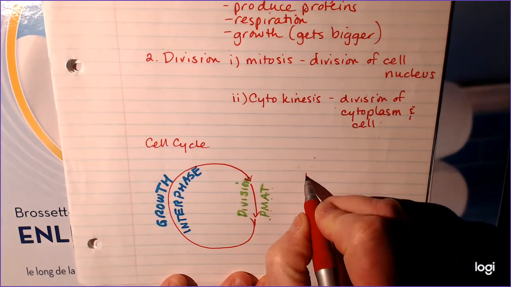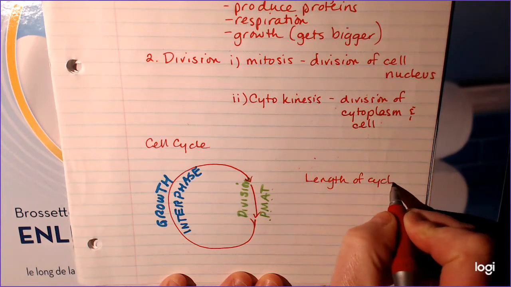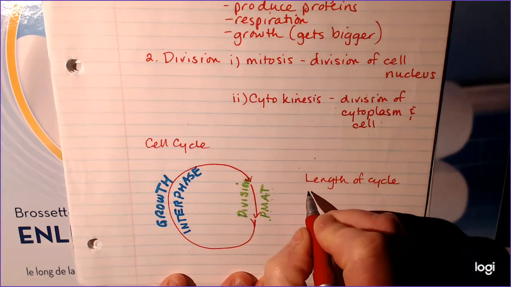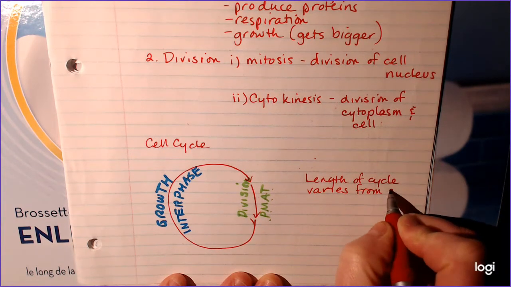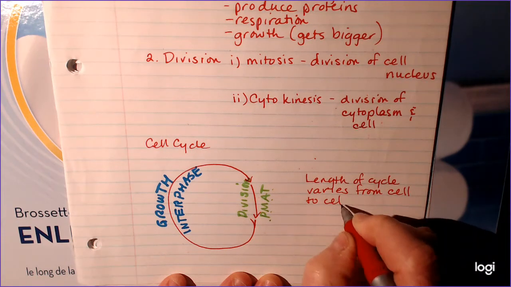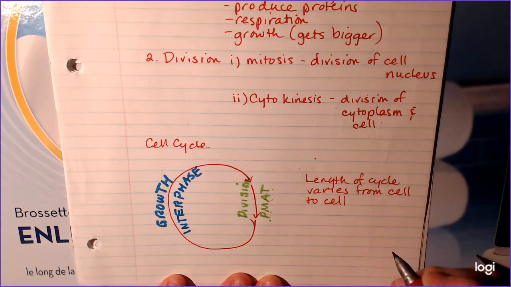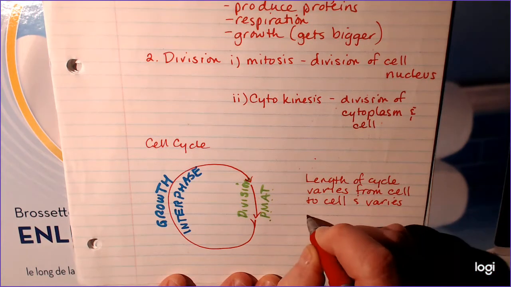So the length of the cell cycle varies from cell to cell, and it varies from organism to organism.